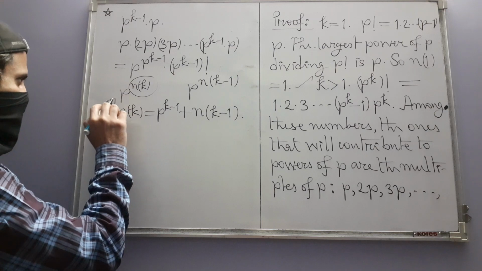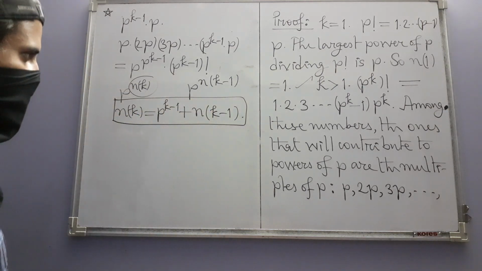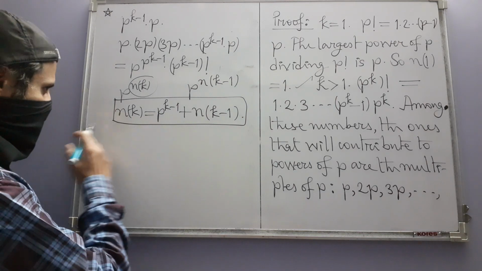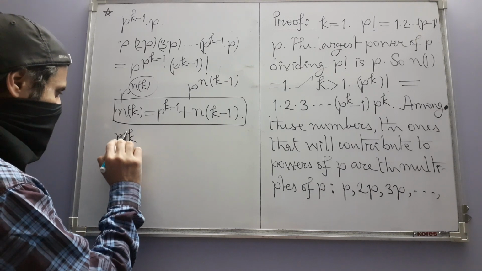So this is now a nice recurrence relation. Now if we rearrange it a little bit, it looks like this.